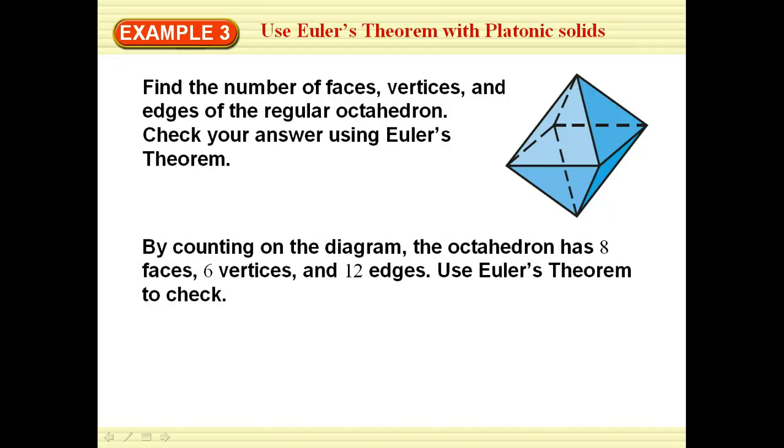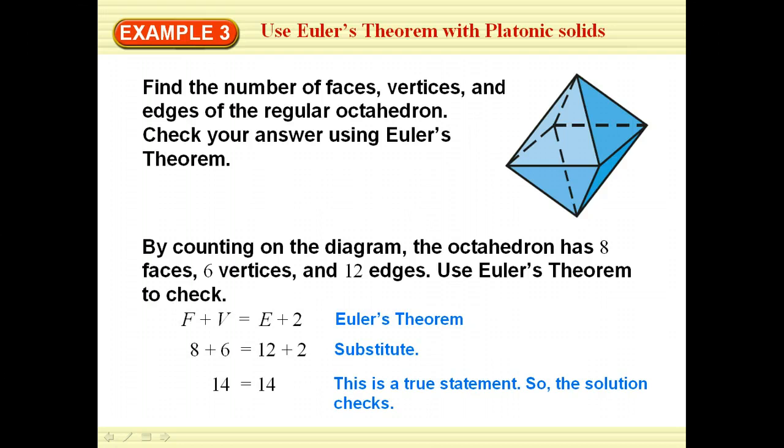I have 6 vertices. I've got the 4 around the square that's in the middle, and this one and this one, so that would make 6, and 12 edges. There are 1, 2, 3, 4, 5, 6, 7, 8, 9, 10, 11, 12 edges. 8 plus 6 is equal to 12 plus 2.